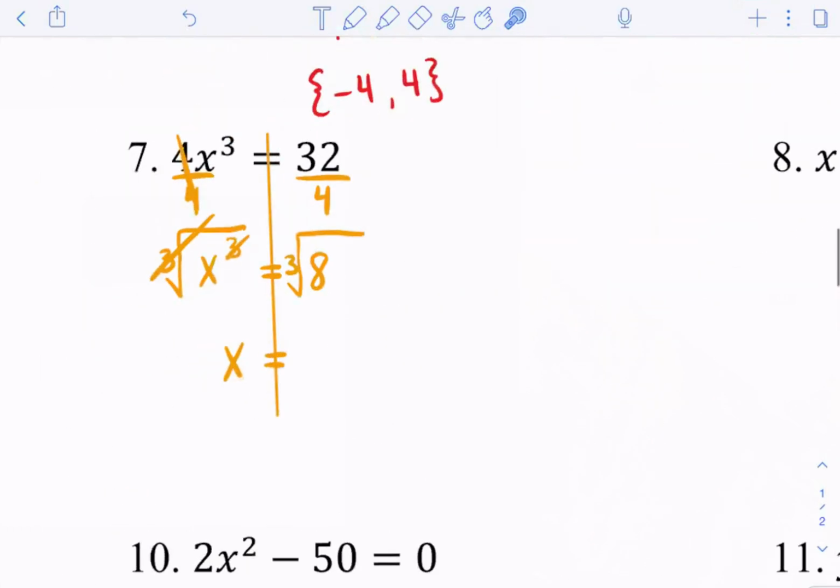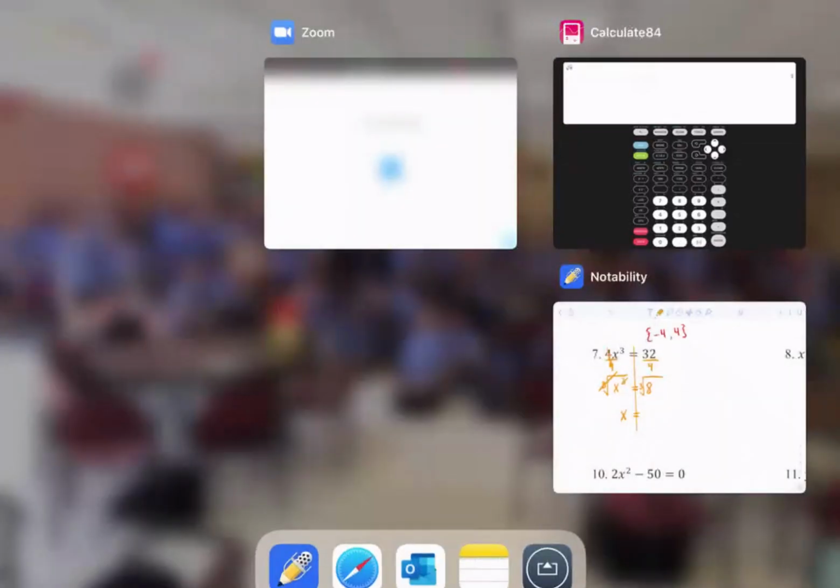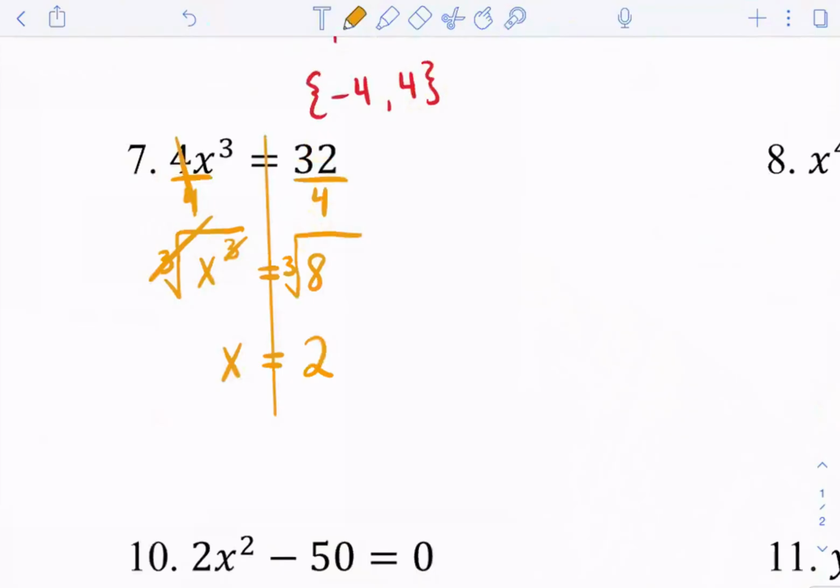So if I look here, the number in the root is a positive 8. So my answer will be positive. And then I need to know what is the cube root of 8. So I'm going to do the cube root of 8, and I get 2. So my answer here is just a positive 2. Nothing else.